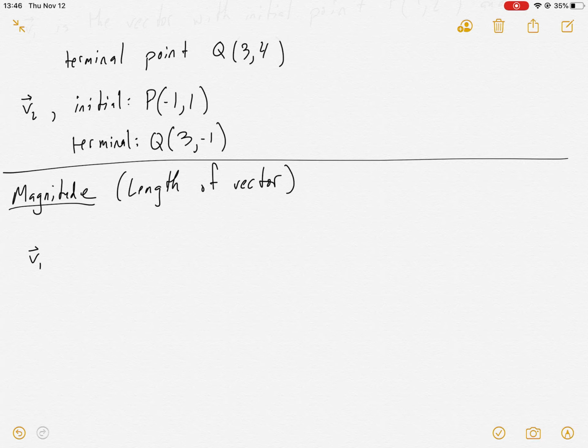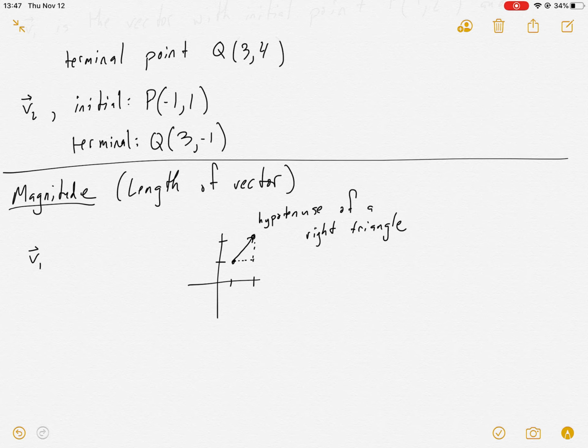So if I was going to figure out the magnitude of this vector, we would take a look at V1 and say, technically, this is really just the hypotenuse of a right triangle. So I could use the Pythagorean theorem or the distance formula, however you want to think about this. I need to figure out this length, and this length.